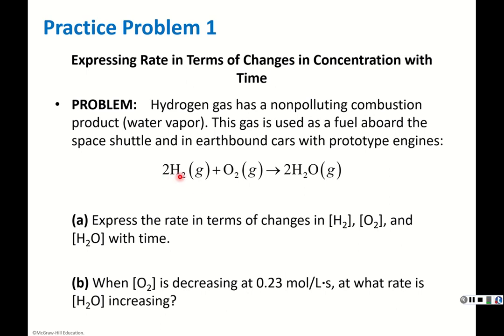But the actual reaction of it is very, very clean, and it gives off a lot of energy. So it's a very attractive fuel source. Okay, we need to express the rate in terms of changes in H2, O2, and H2O with time. And then for part 2, when O2 is decreasing at this rate, 0.23 moles per liter per second, at what rate is H2O increasing?